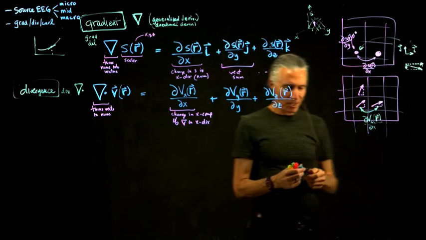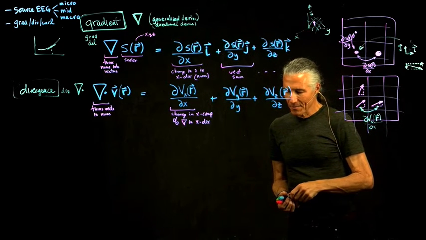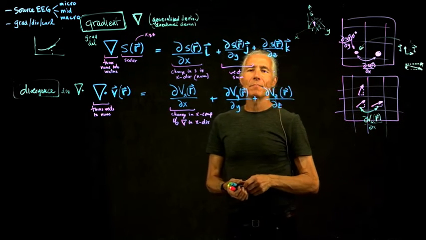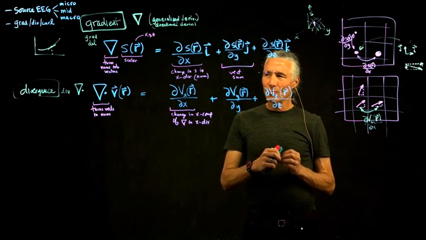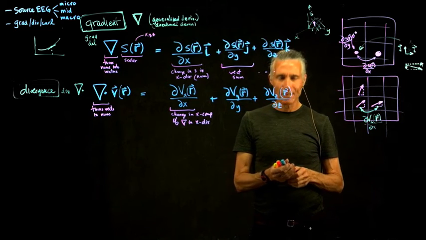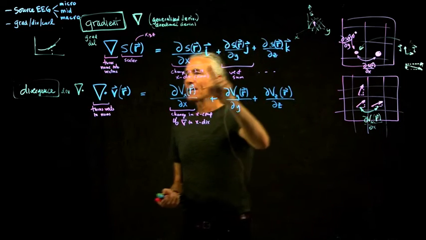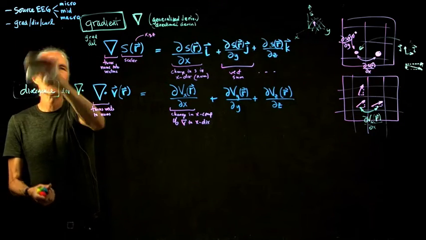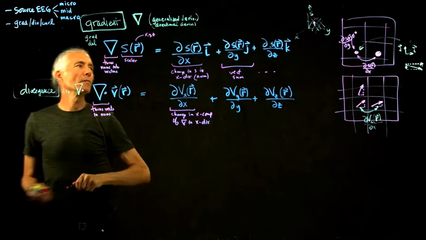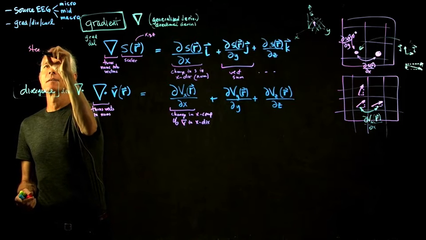So what does that measure? What that measures is basically how radiating the vectors are. So this guy measures steepest uphill direction.